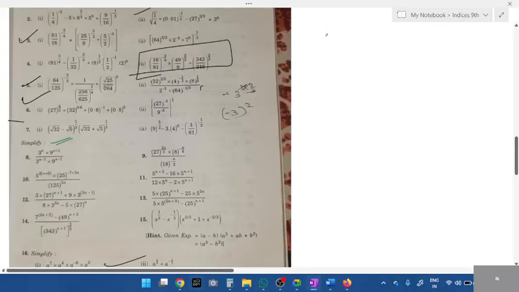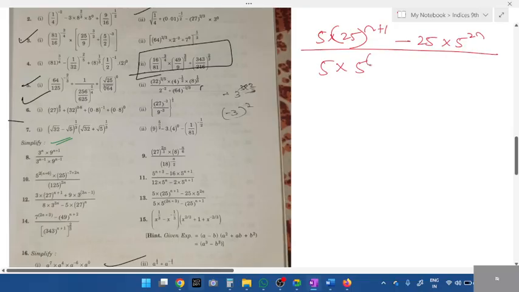Let us solve the 13th one. 5 into 25 to the power of n plus 1 minus 25 divided by... Okay, tell me, students, tell me the value for this. First, how do I write 25?